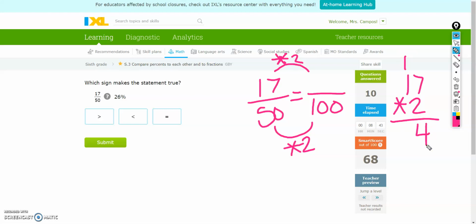So I've done 7 times 2 is 14, 2 times 1 is 2, plus 1 is 3. So 34 over 100 is 34%. So that is more than 26%.